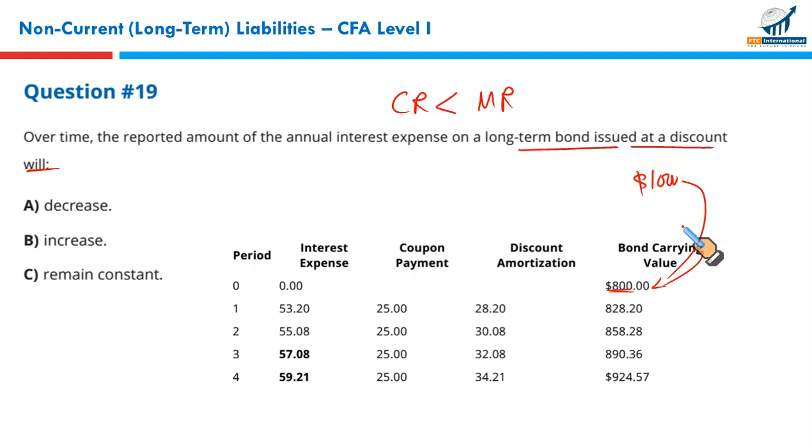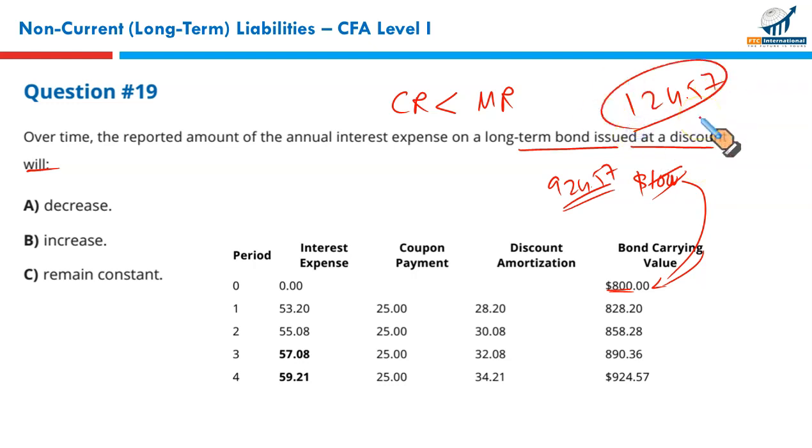That's about 124. So the bond par basically was 924.57. That was the par of the bond, but it was sold for 800. The difference between these is 124.57. This is the discount on bond issue, which will be amortized over the period.